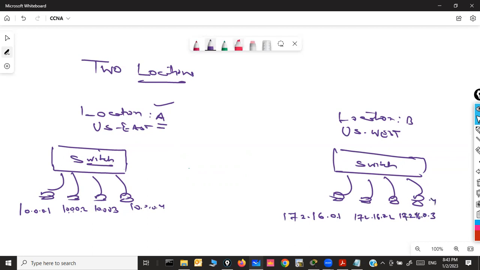So basically there are now two completely separate networks, one here and another here.